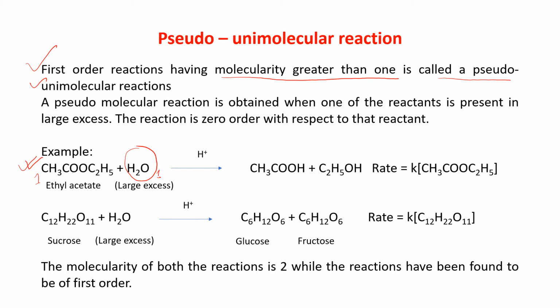In the second one also the molecularity is 2, which is greater than 1. But while calculating the rate, one of them is not taking part. So that is known as a pseudo unimolecular reaction. I think I am clear to you.